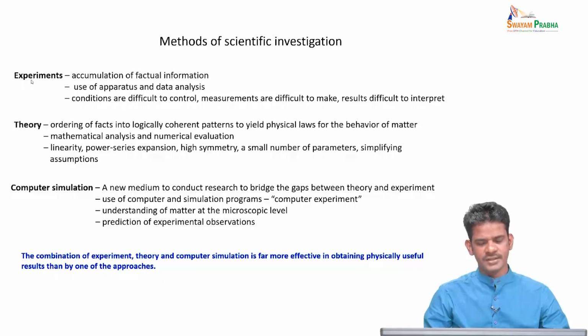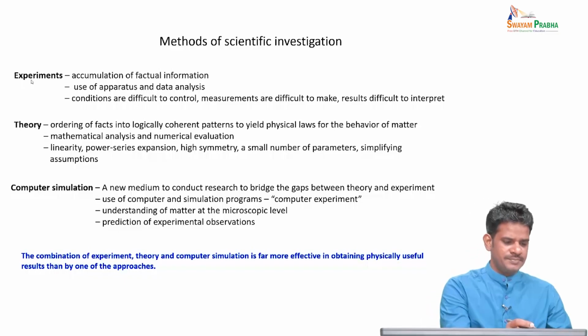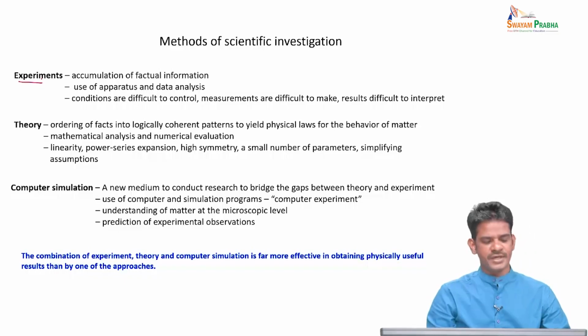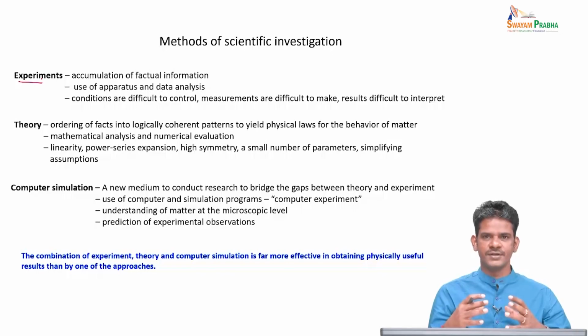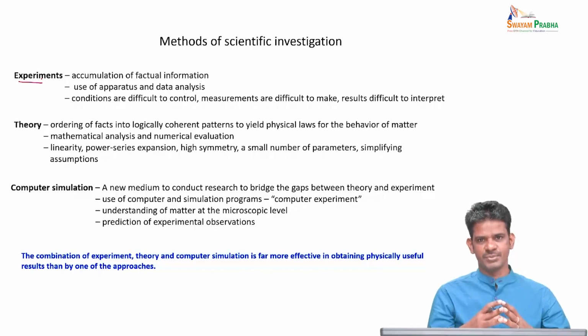So, if you look at methods of scientific investigation, that means when you want to study a particular physical phenomena or a system, you basically resort to various means of doing this. One aspect is to do experiment. So you basically consider a system and then use a set of apparatus and materials, and then you control certain variables and manipulate certain other variables, and then look at how the system responds.